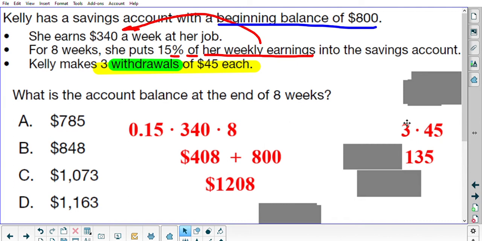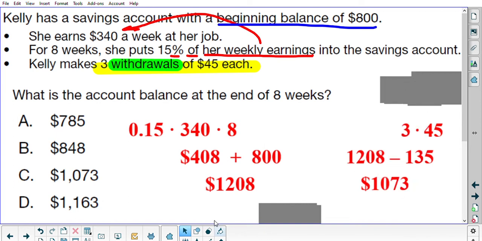But we have to take that out of the bank account, which means it's going to be subtracted away from the $1,208 that we had after the 8 weeks was done. So if you take 1,208 and subtract $135, you will get $1,073, which happens to be choice C.